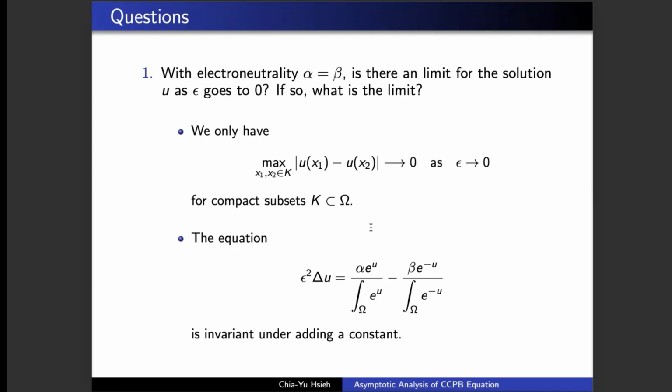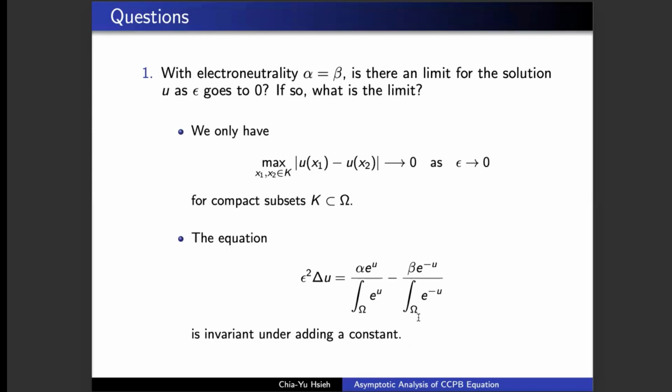So it's the question we want to answer. The main difficulty comes from the fact that the Poisson-Boltzmann equation is invariant under adding a constant. That is, if you put u plus c for some constant c into the equation, on the left-hand side the Laplacian of the constant equals 0, and on the right-hand side you get e to the c here and e to the c on the denominator, which cancel out.